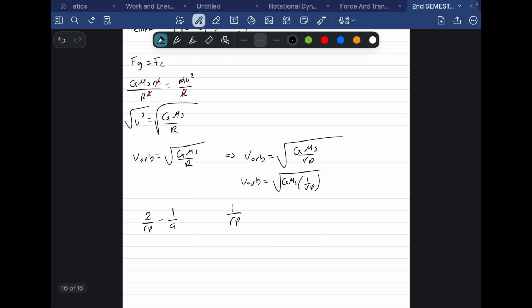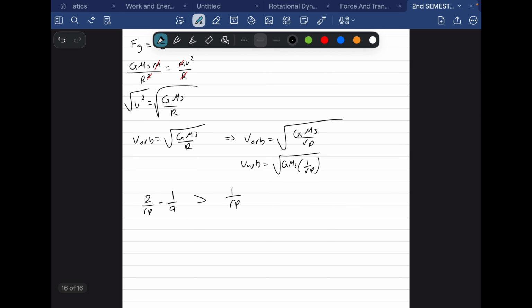So the one for the ellipse should be greater than the one for v orb, because, okay, let me split it up. 2 over r_P is 1 over r_P plus 1 over r_P, minus 1 over a.